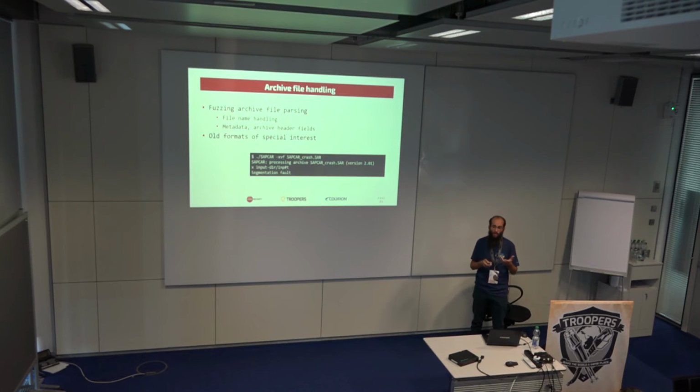You can use it, for example, to say that the file name has a particular length, but then provide a different one. And obviously all the metadata that is in the headers and in all the different files. If you go that way, you will be looking mostly for these kinds of things, something you can provide to the SAPCAR program to make it crash and provide some output.